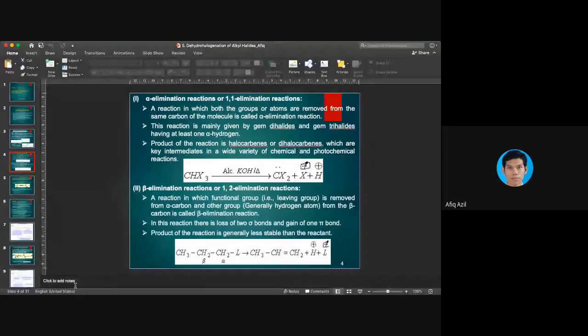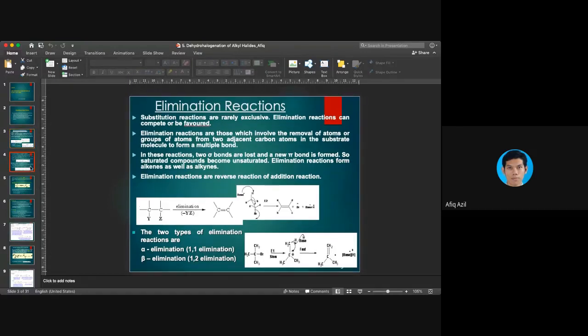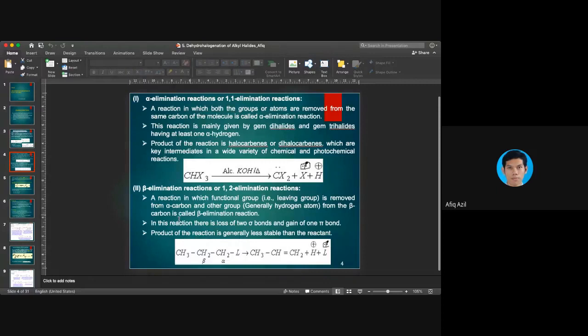Okay, can you see the new slide? Saya terlupa nak tukar. Okay, alright. So tadi saya tunjuk yang elimination ni, just alpha elimination and beta elimination, just these two slides.